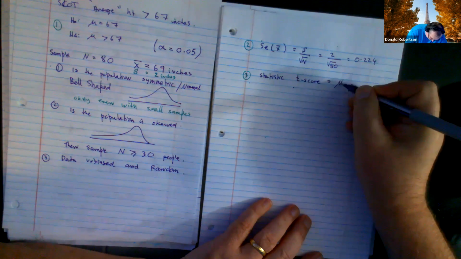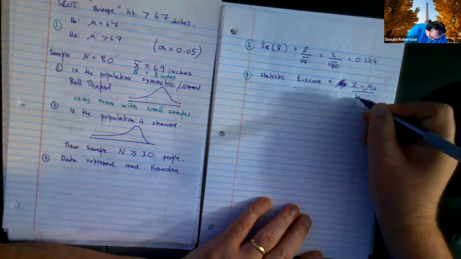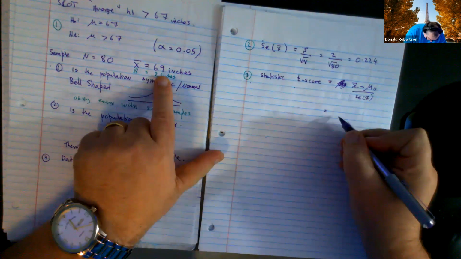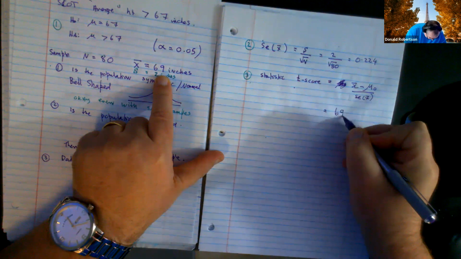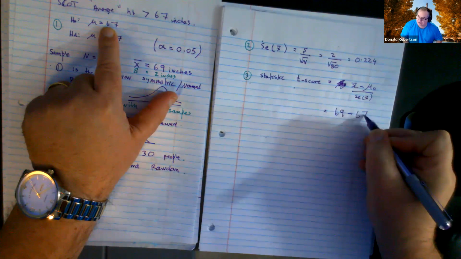And its formula is x bar, take away mu naught, over the standard error. Now, x bar was 69. Mu naught was 67. Do you see how the mu naught kicks in?